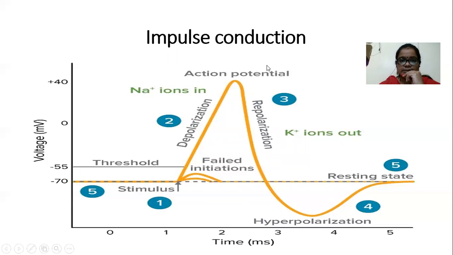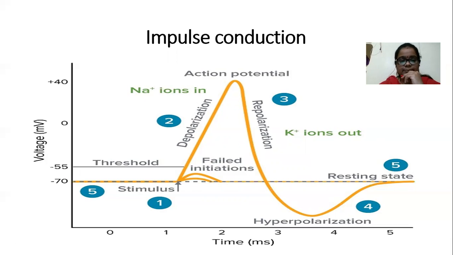In impulse conduction, normally in neurons, the resting membrane potential is minus 70 millivolts. First of all, what is membrane potential? Can you define membrane potential?